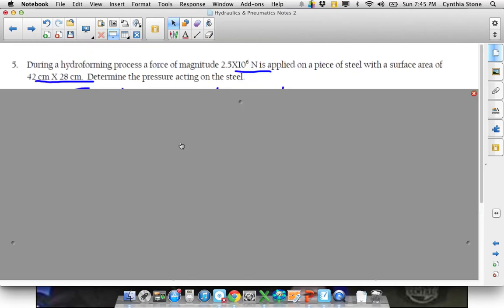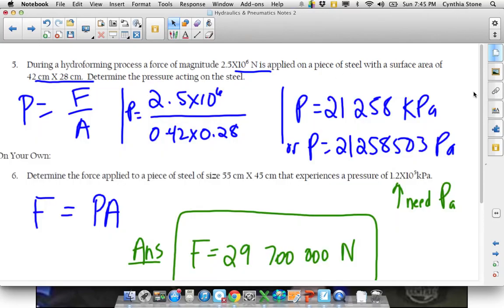Next, hydroforming. We have a huge force applied to a piece of steel with that surface area. Determine the pressure. Again, I'm given centimeters, and I need to put it into meters. So force divided by area. Don't look at that one, that's yours.